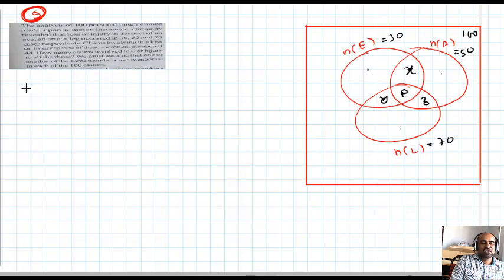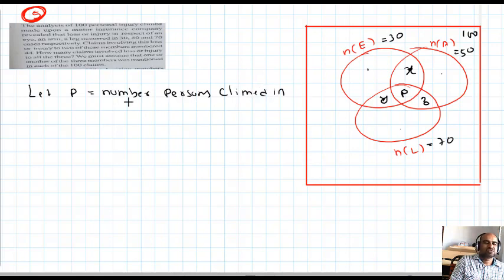Let P equal the number of persons claimed in all the three.